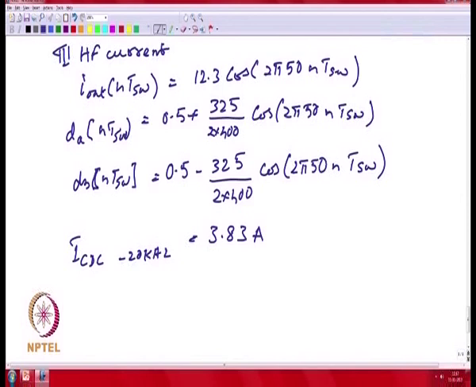So if you look at your total RMS current flowing through the capacitor, it would now be your 100 hertz component plus your 20 kilohertz component.